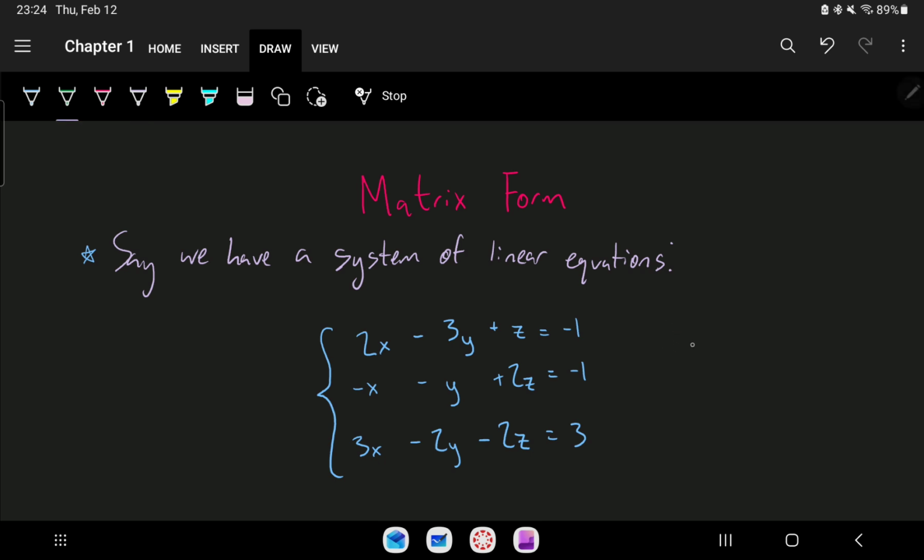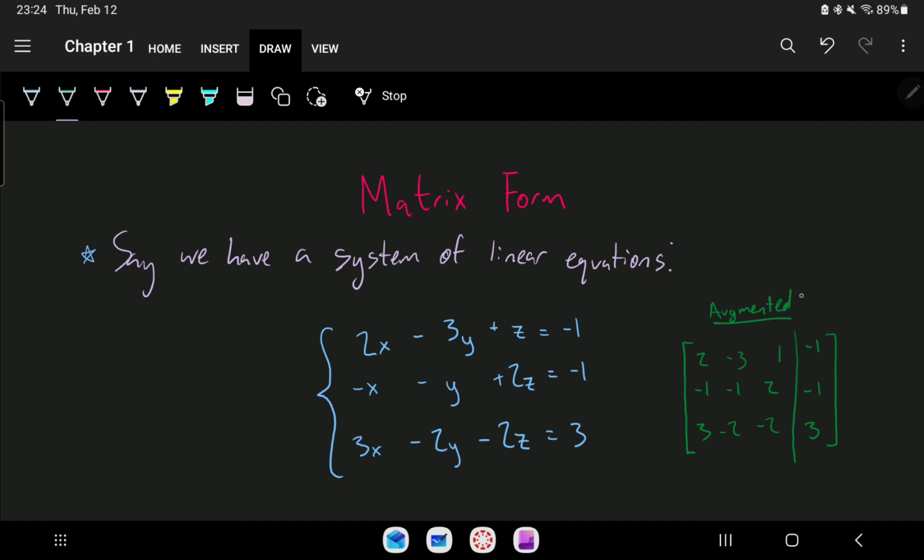Just to refresh your memory, that would look something like having a coefficient matrix on one side. Here, for this example, it would look like this, and then dividing it with a line and having the solutions on the right side. This would be augmented.